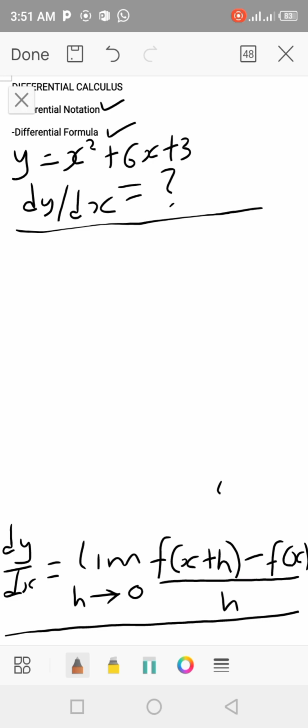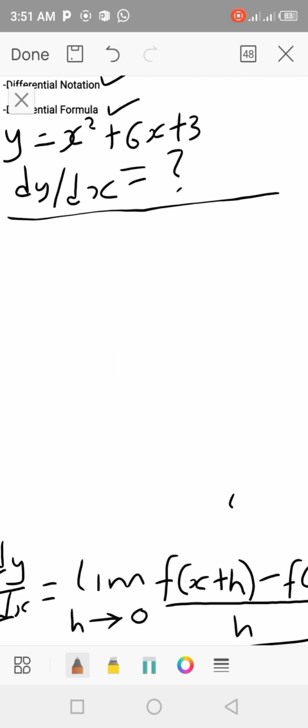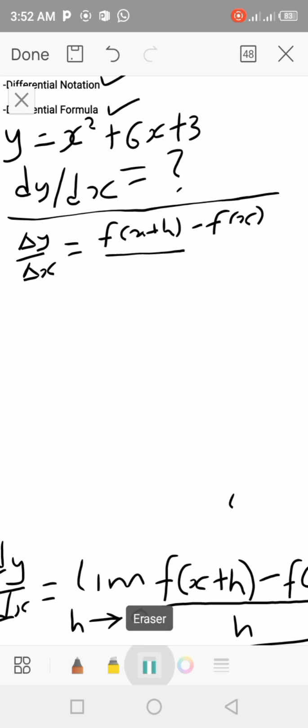But to make life easy for ourselves, we can just start from the secant slope, which is change in y over change in x, and that is going to be f of x plus h minus f of x, over h. I'm not putting the limit now because I'm dealing with the secant slope first, so that if I can work with this, I'll just take the limit to get dy dx at the end of the day.